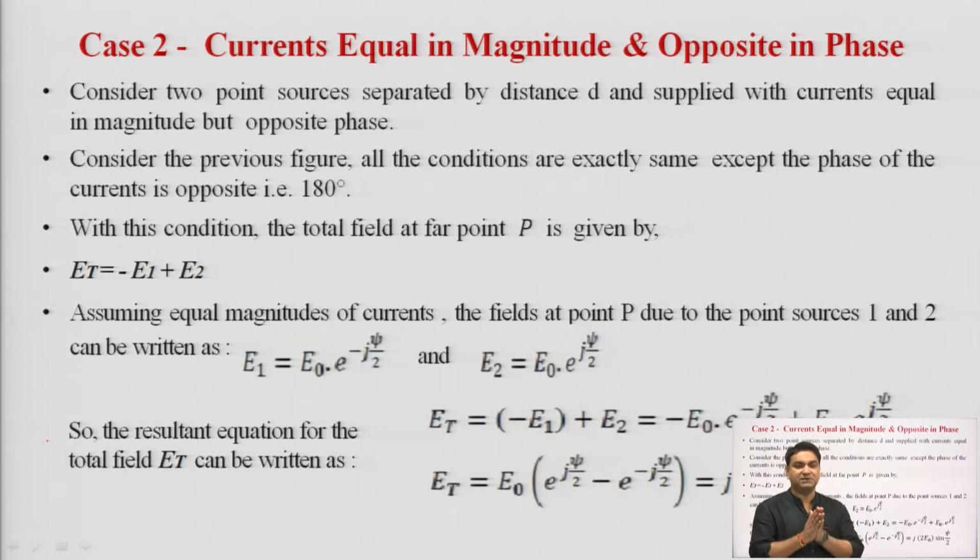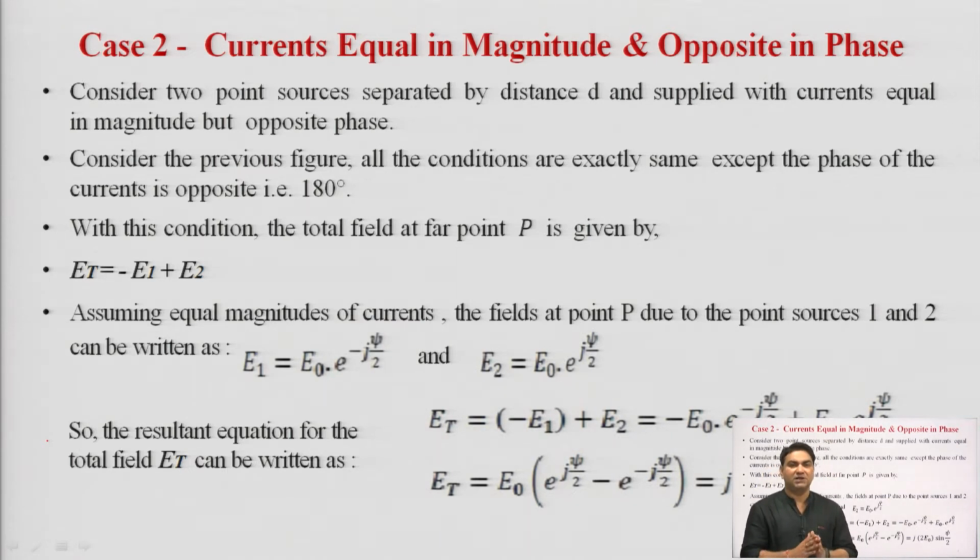Opposite phase means element number 1 has the current I1 equal to I naught sin omega t, and point source number 2 is excited with the current I2 equal to I naught sin (omega t plus theta), where theta is equal to 180 degrees.